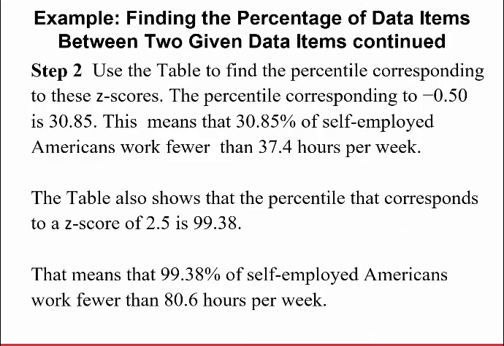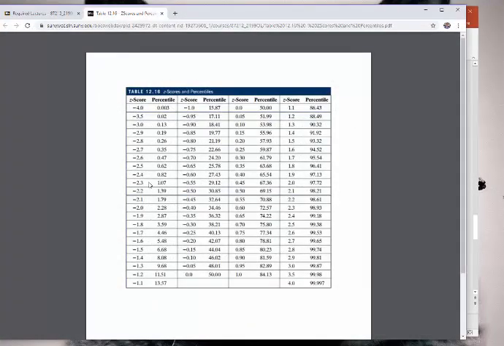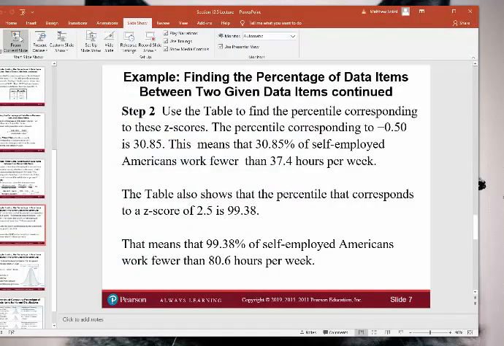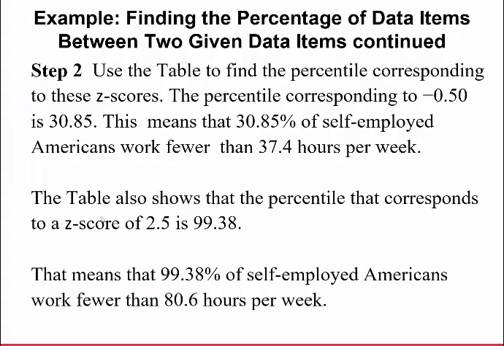The next thing you do is look up the two values on the table. The percentile corresponding to negative 0.50 is right here: 30.85.